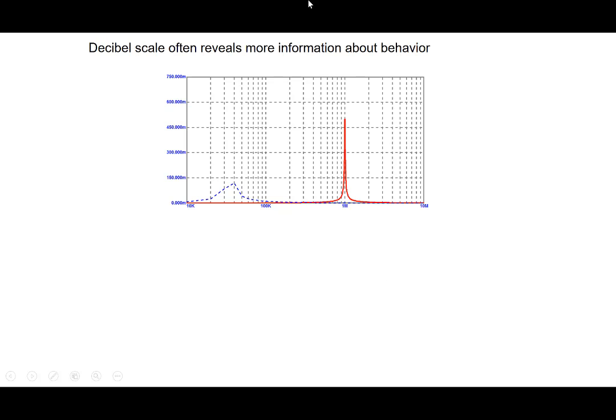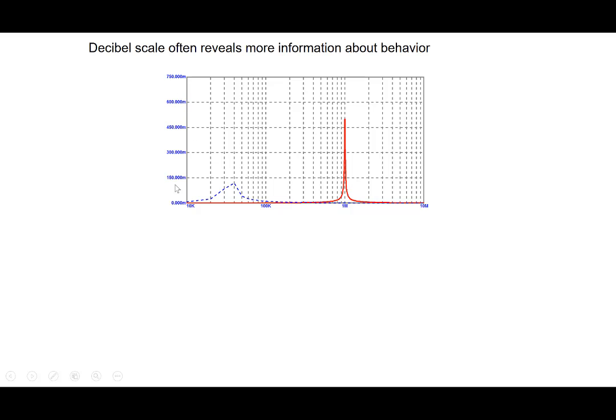Okay. So the decibel scale often reveals more information about behavior, just like a log scale. Note that you are taking the log and plotting it, so it's also a log scale. For example, we saw that instead of plotting on a linear frequency scale, if you plot over a log frequency scale, we are able to see the signals much more clearly.